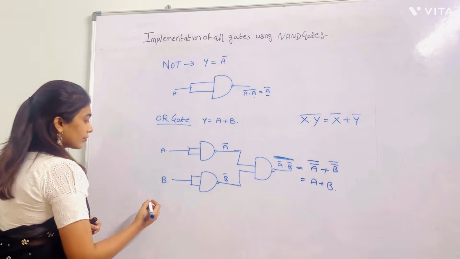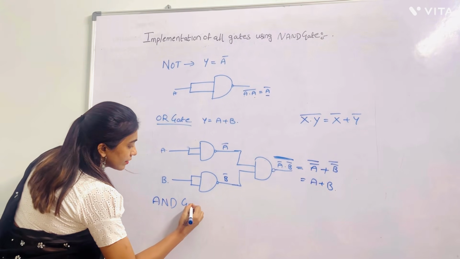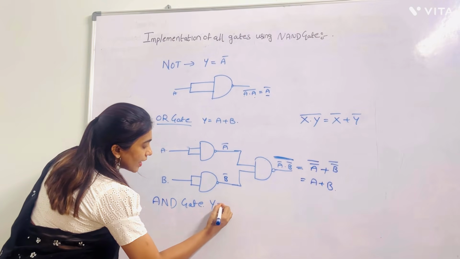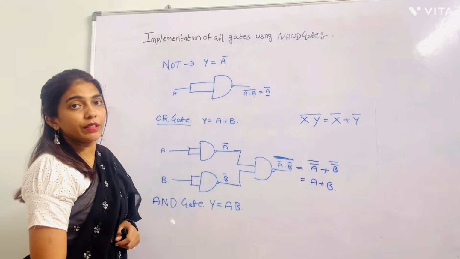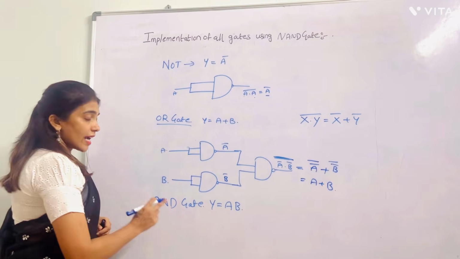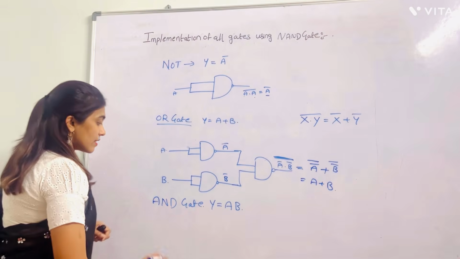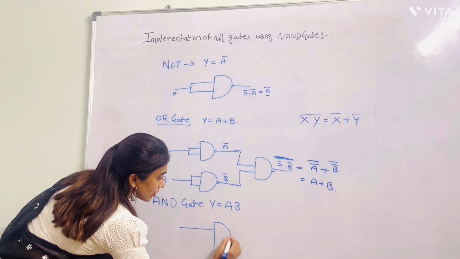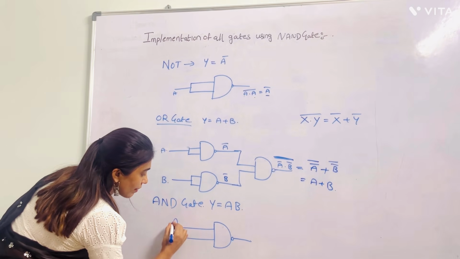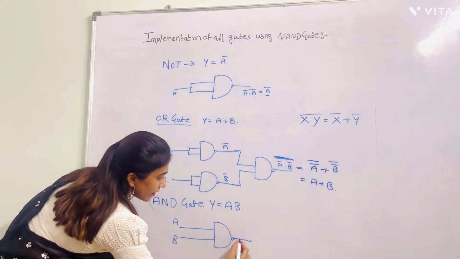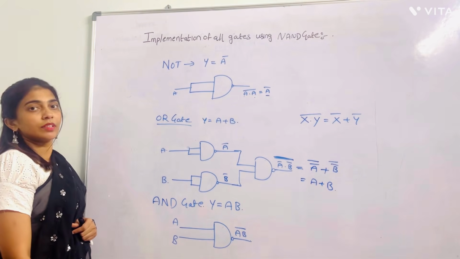Next, AND gate. We know already the AND gate logic function is y equals a into b. For designing AND gate, we use two NAND gates. For the first NAND gate, I am giving A and B. Then the output of the first gate is AB whole bar, right?